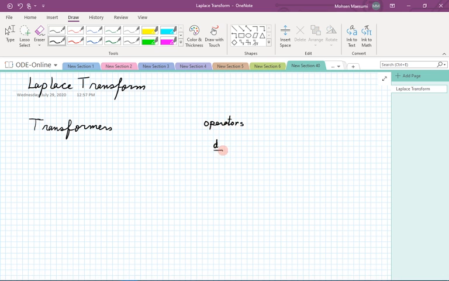So differentiation has a notation. For example, this is one of the notations for differentiation. This operator takes in some input. Let's give it an input, let's say x to the power of 5, and then it produces some output, and that output is, say, 5x to the power of 4. So this is an operator.